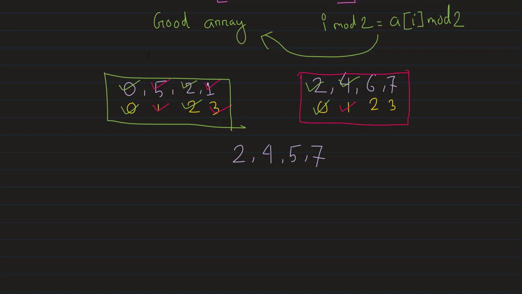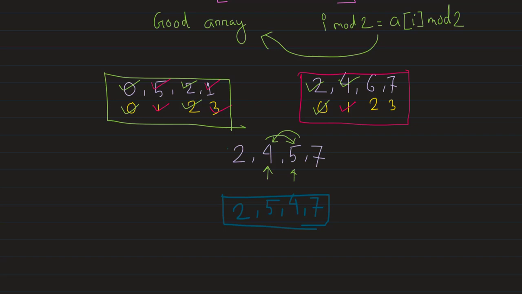Let's look at the example. We can take this element and swap them, right? If we swap them, we are getting 2, 5, 4, 7. And clearly this array can be called a good array, because for each index i, the element and the index parity match.